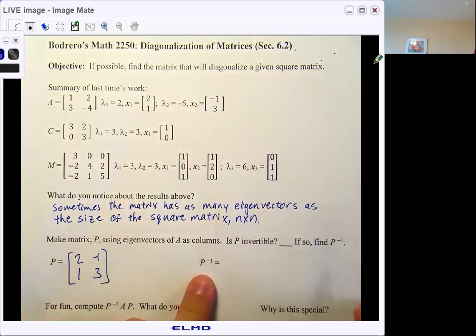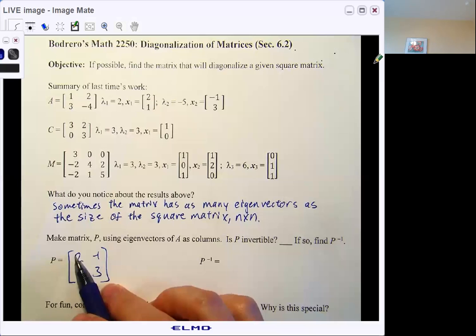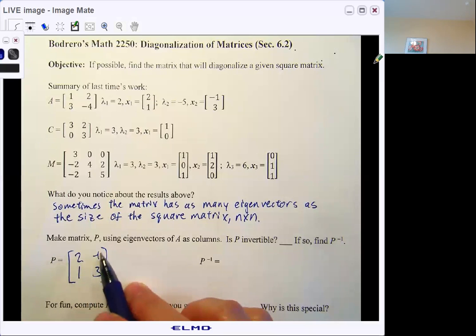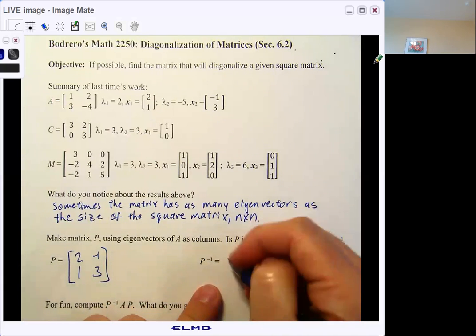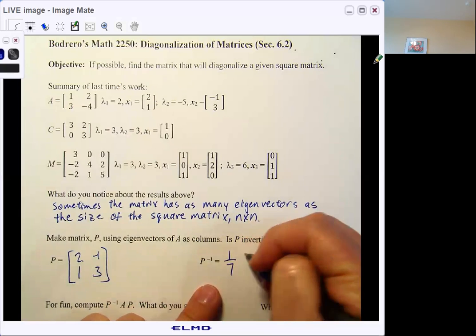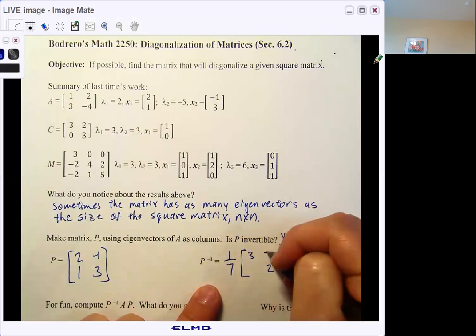Let's find the inverse matrix P inverse, if possible. We can do a quick check using the determinant. That's 6 minus -1, which is 7. So yes, the matrix has to be invertible.